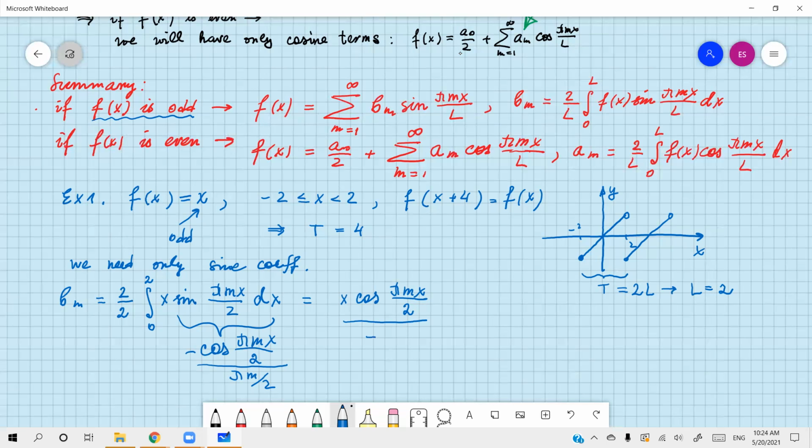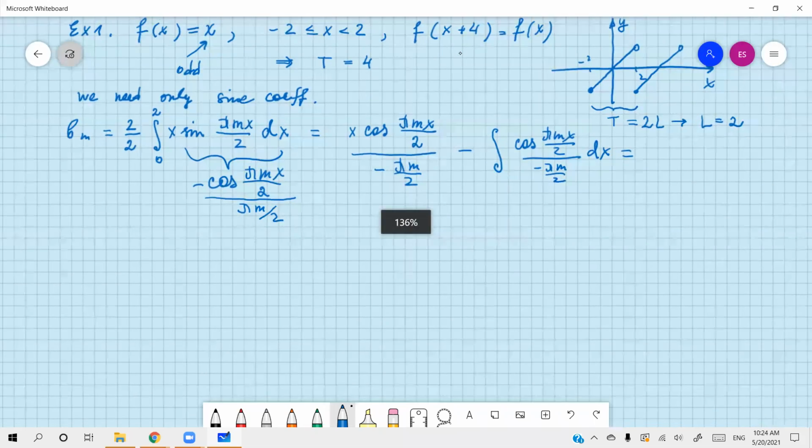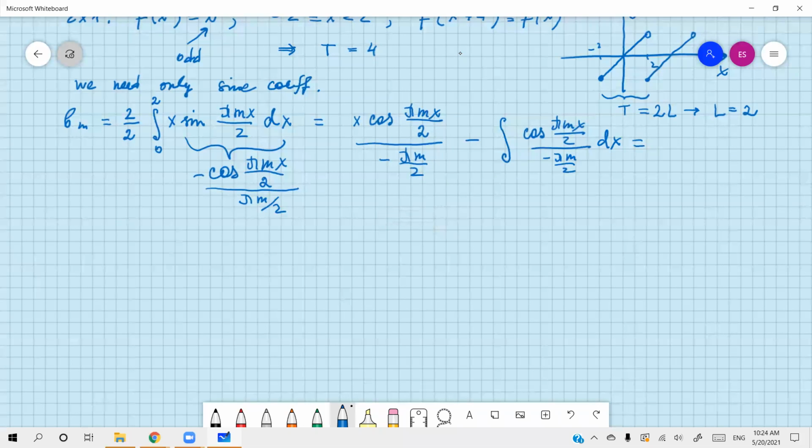I'm going to put minus together with pi m over 2, and minus according to the formula. And then we need to differentiate x, which is going to give us 1, and then just copy cosine: cosine of pi m x over 2 divided by negative pi m over 2 dx. Again, mostly coefficients are not difficult to calculate.